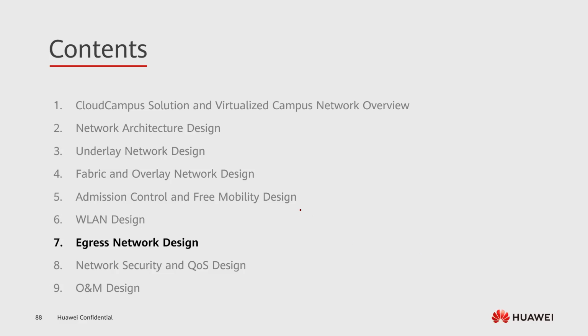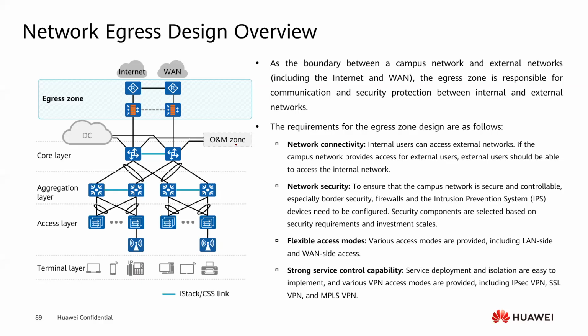Okay, let's go back to the last three parts. Next is about the egress network design. The egress zone is very important to our campus network because it's the part that connects with the internet, also with the external network.